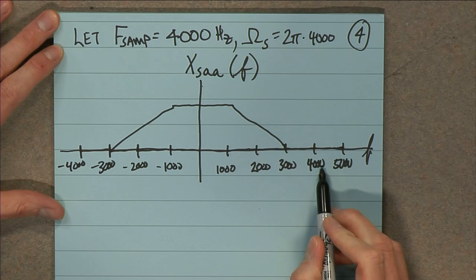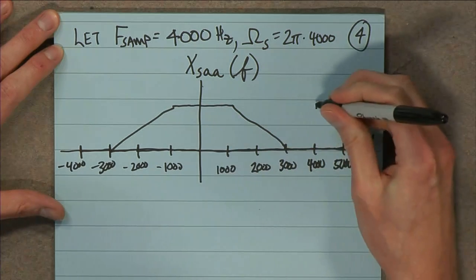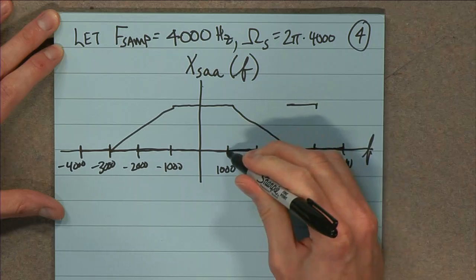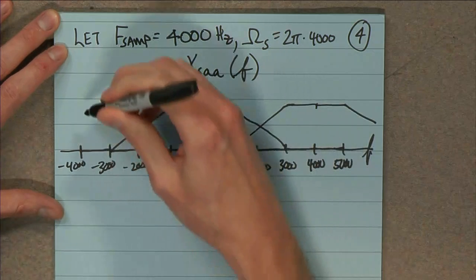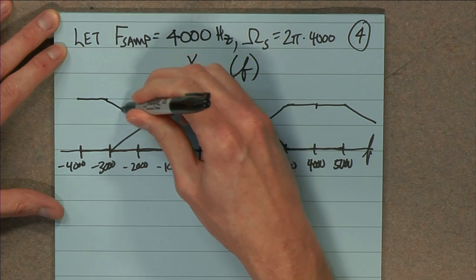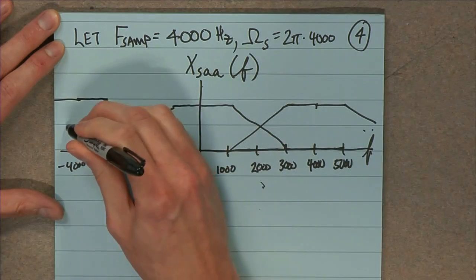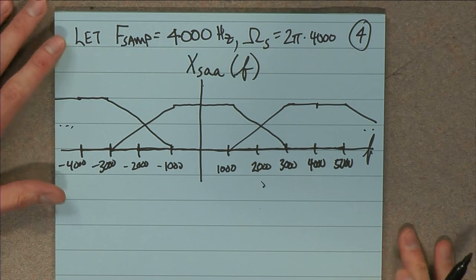Well, we're sampling at fsamp is 4,000 hertz, so let's redraw the signal. The passband is 1,000 hertz, and then it takes 2 to go down there, 1 here. Draw the same thing on this side. Dot, dot, dot.